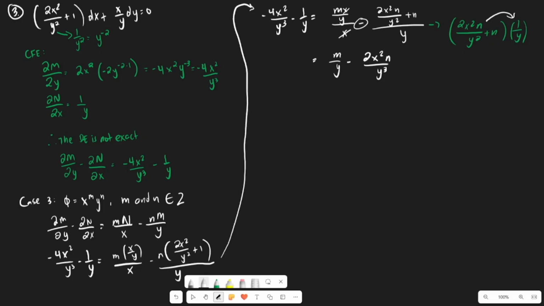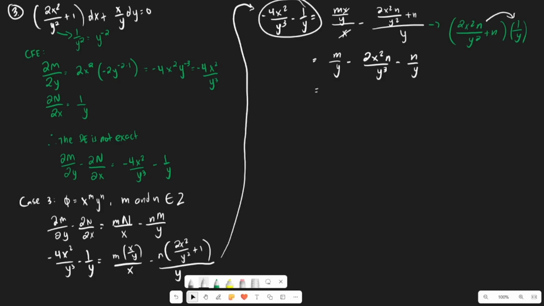And since we also have a subtraction symbol right here, we also distribute that to n. So we'll have minus n over y. So our goal here is to have the same form on our right side as the left side of our equation.